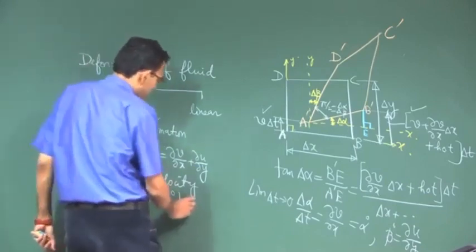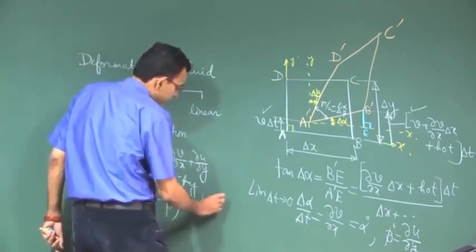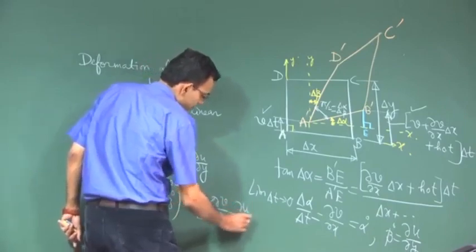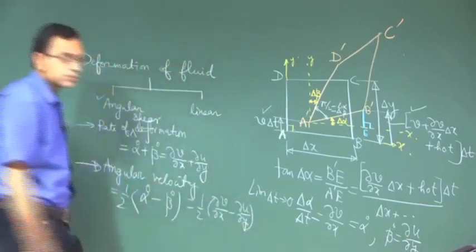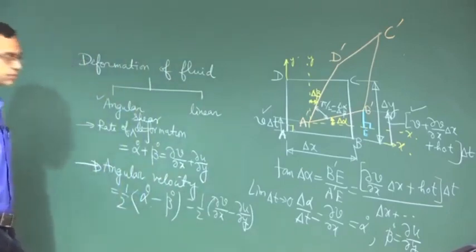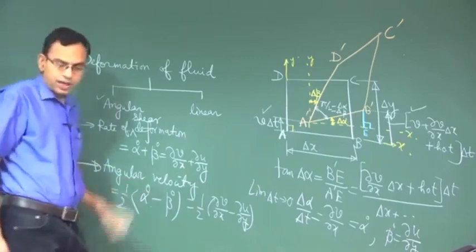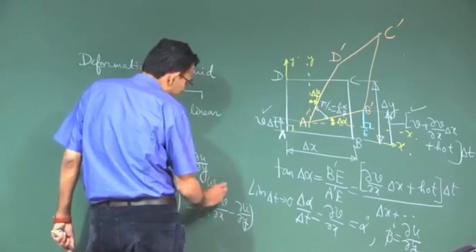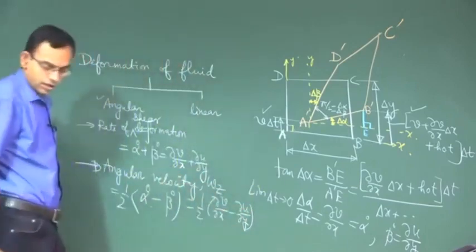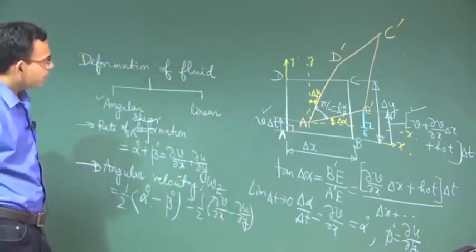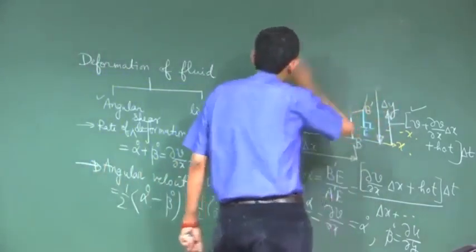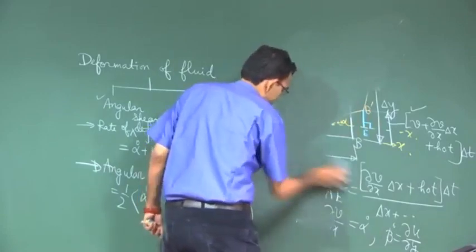So that is half of alpha dot minus beta dot. In this way, this is the angular velocity with respect to the z axis. In this way we can write the expressions for angular velocity with respect to other axes as well.